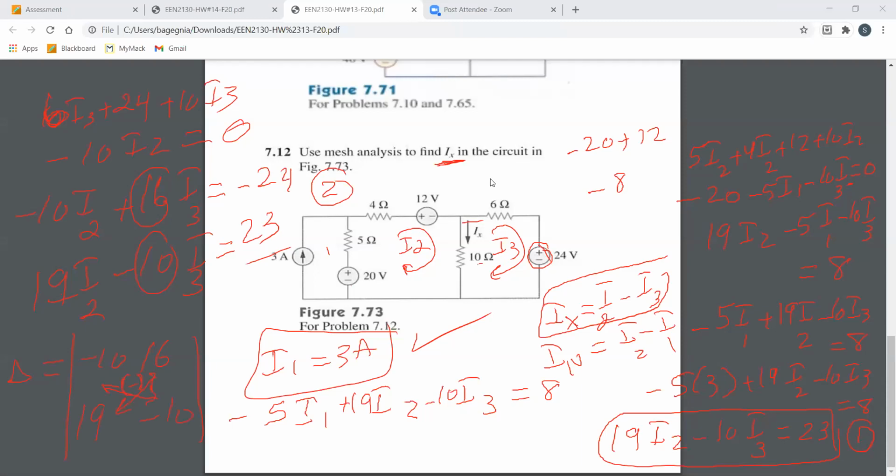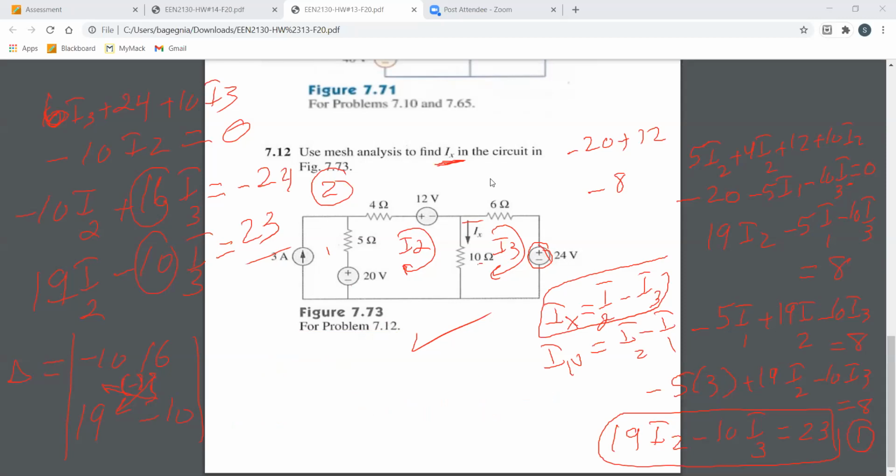Minus 10 times minus 10, and then minus 19 times 16. And then you do delta 2, and delta 3. So when you find I2, it has to be delta 2 over delta. So just match the symbol.